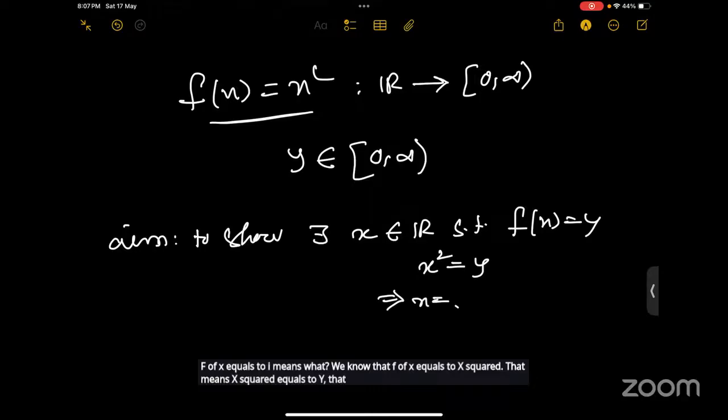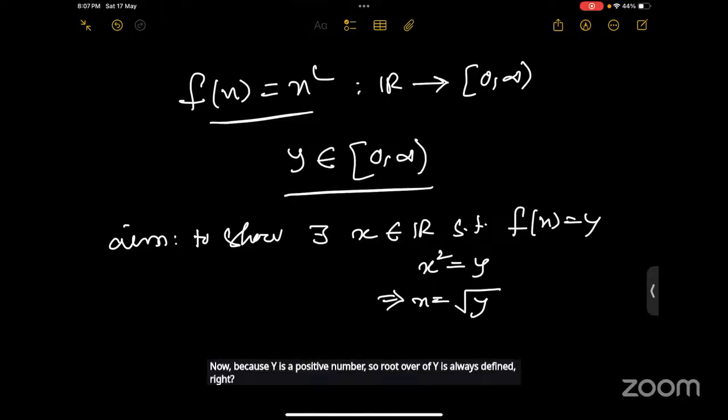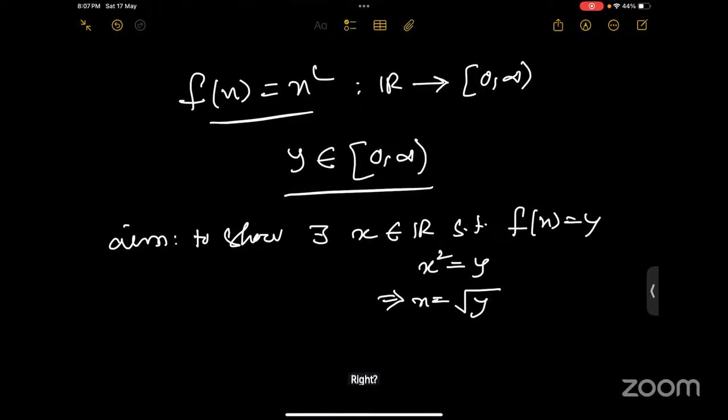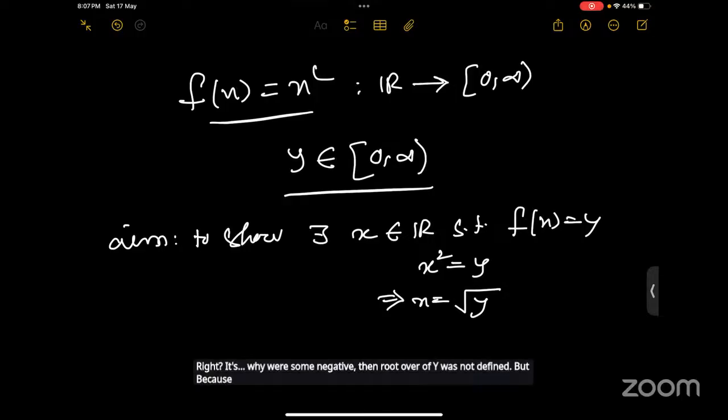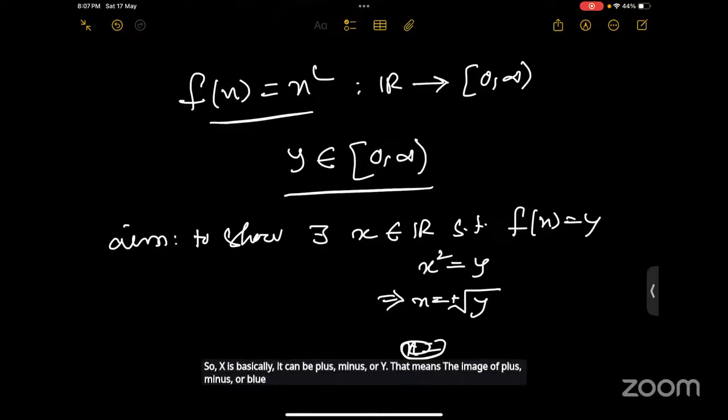That means x should be equal to root over y, right? Now, because y is a positive number, root over y is always defined. If y were negative, then root over y would not be defined. But because y is greater than or equal to 0, root y is always defined. So x can be plus or minus root y. That means the image of plus or minus root y is actually y, right?